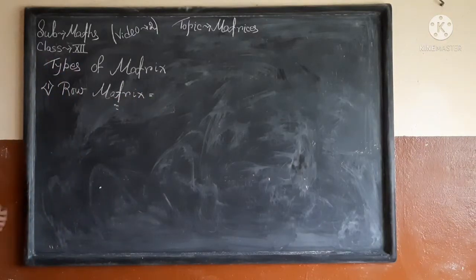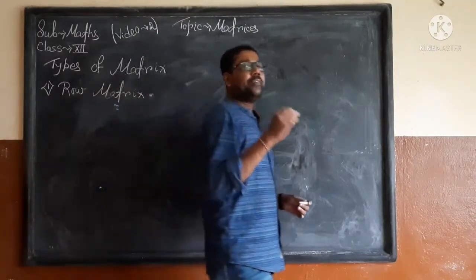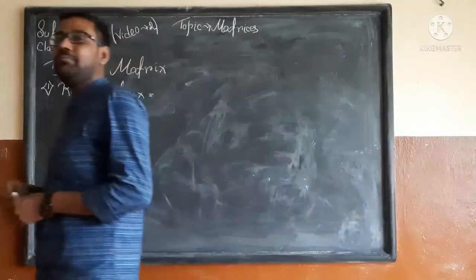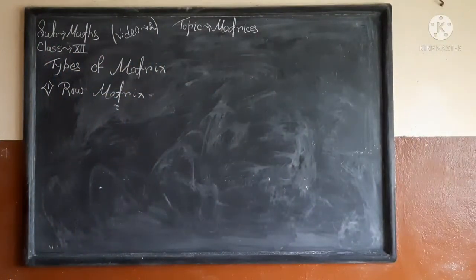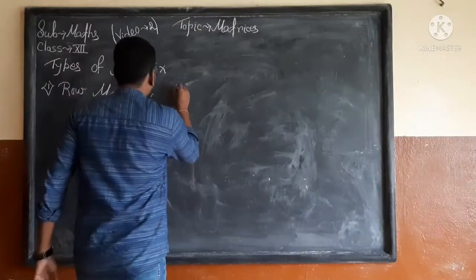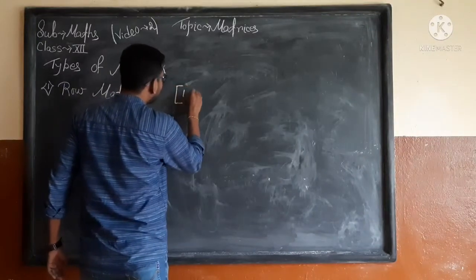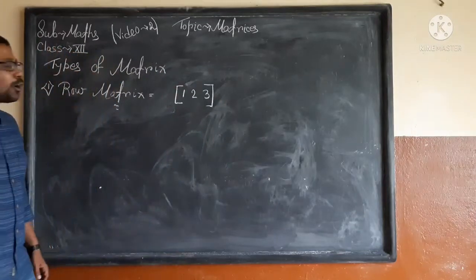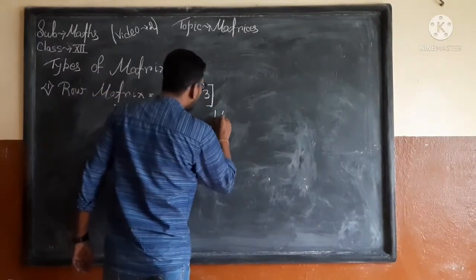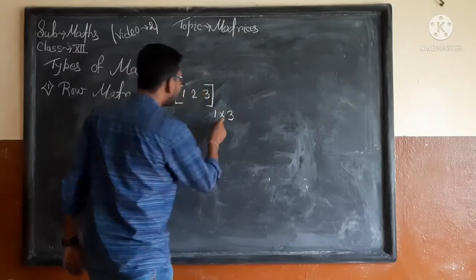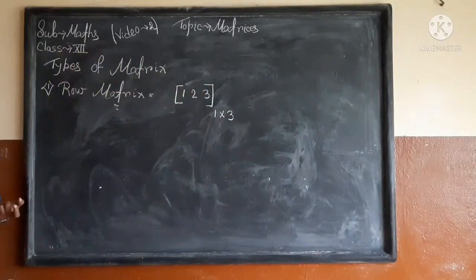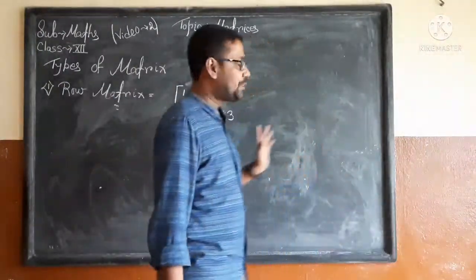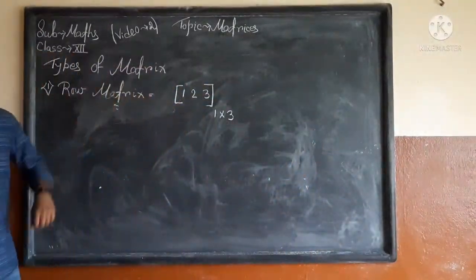Row matrix means when a matrix has only one row, this matrix is called the row matrix. This is the example for the row matrix. The order of this row matrix is 1 into 3, because the number of rows is only 1 and the number of columns is 3. This is the representation or example for the row matrix.